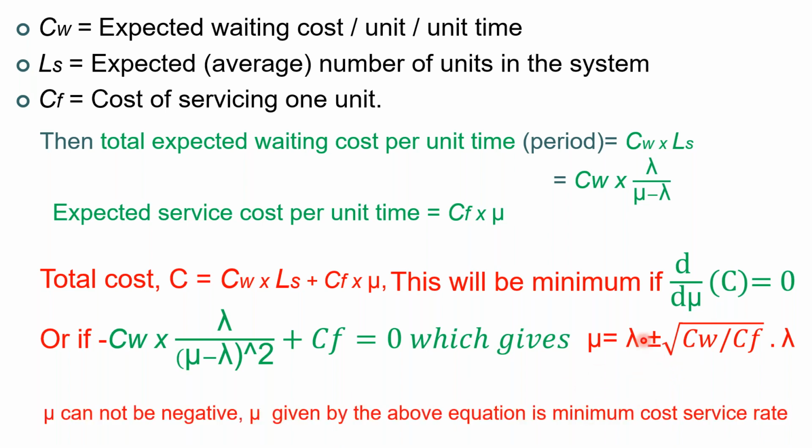Now this mu cannot be negative. Can your service rate be negative? No, so that's why mu cannot be negative. That's why we are using the plus or minus sign here. Now the mu given by the above equation is the minimum cost service rate.